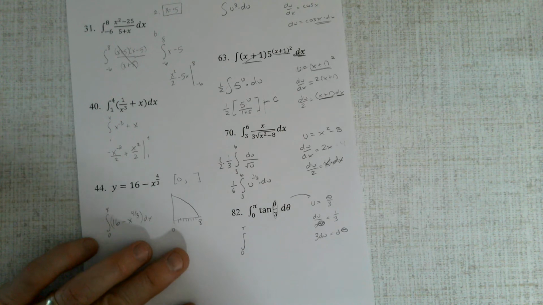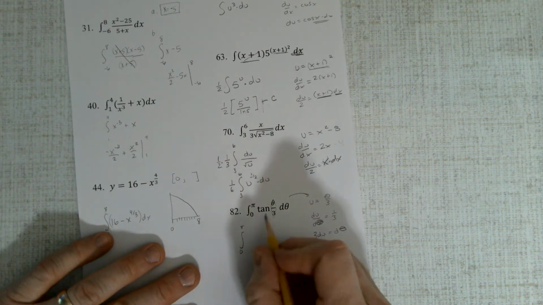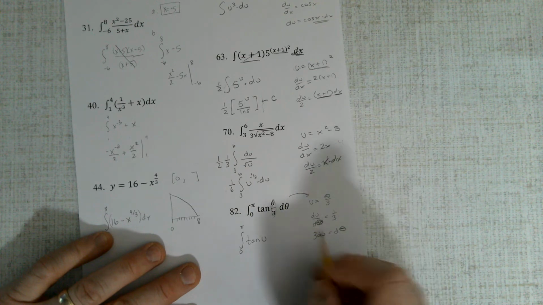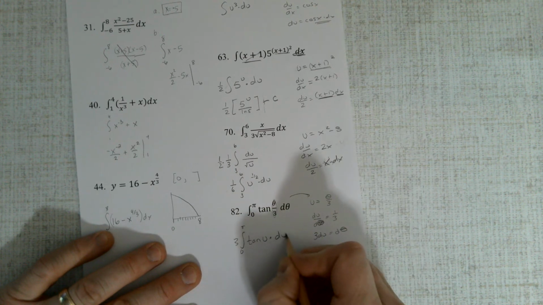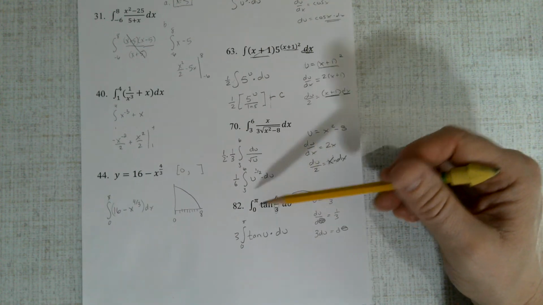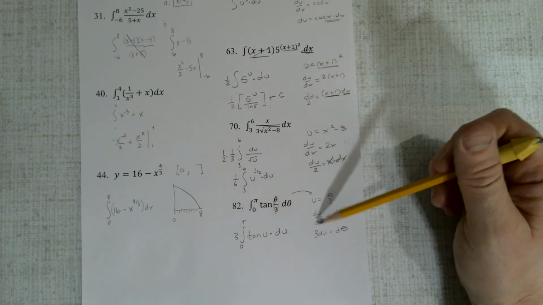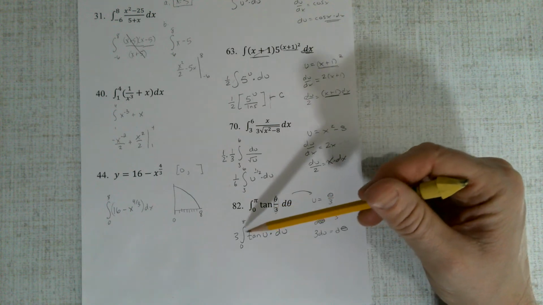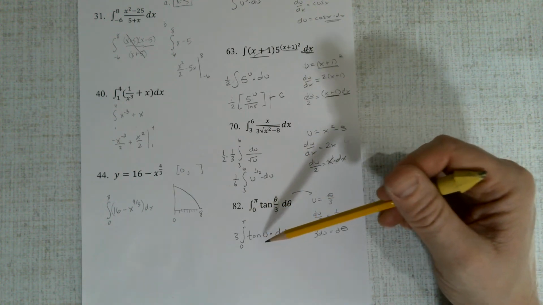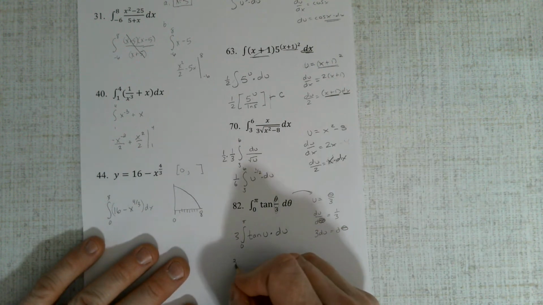All right, so now that we have that cleaned up, let's go ahead and clean this up here. So now I have a tangent of u, and the du is a 3 and du. So I dealt with this, and it's divided by 3, so we have to do stuff backwards just to be careful. So now I've changed it to the tangent of just u by itself, and that's one that we have not memorized, but one that's on our sheet.